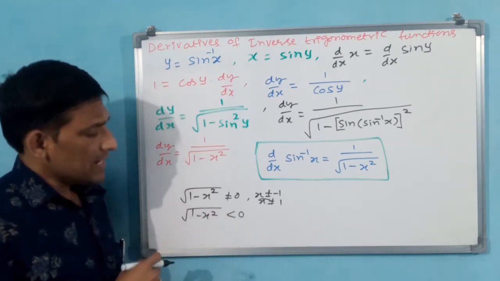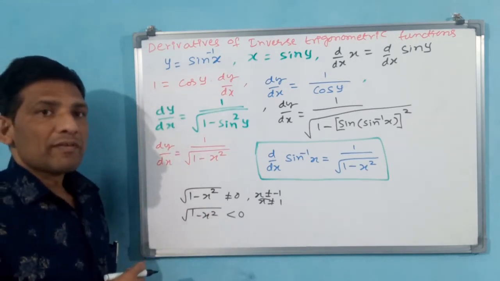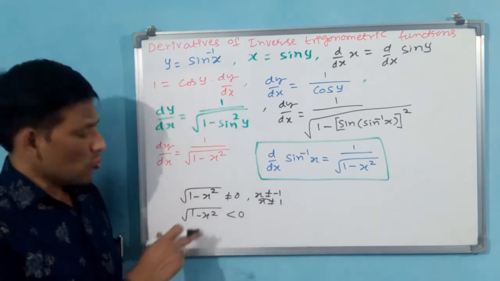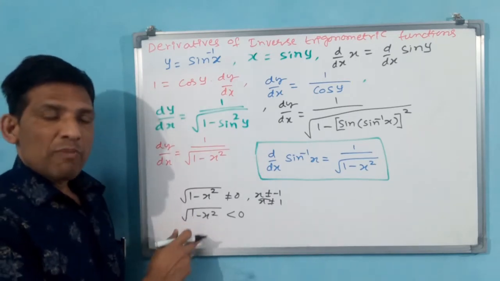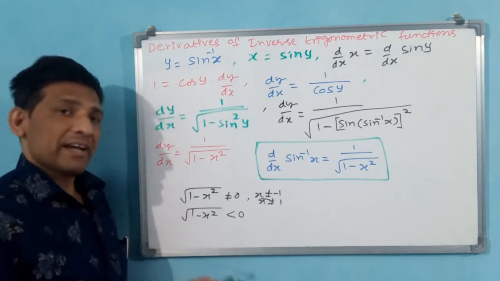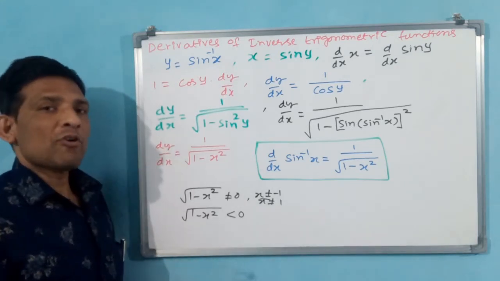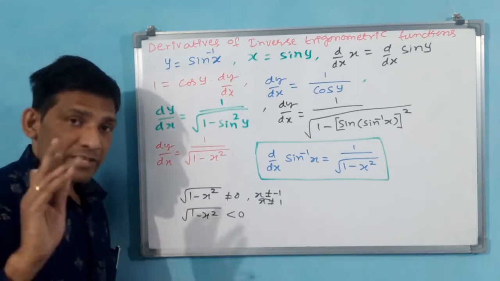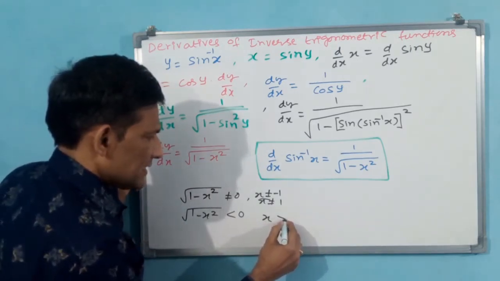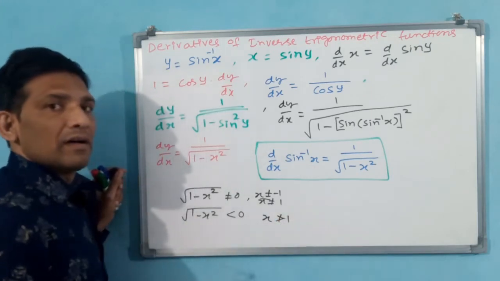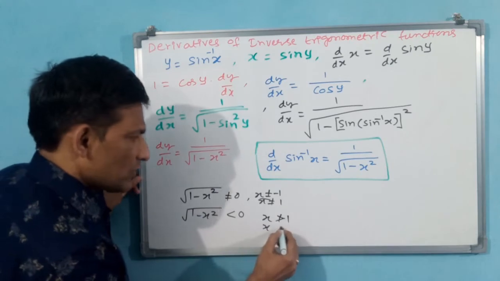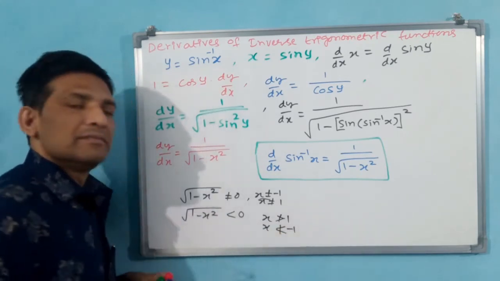If x is greater than 1, say x is 2, 2 square is 4, 1 minus 4 is minus 3. Square root of minus 3? No real number; again we are going for complex numbers. That is why x should not be greater than 1. On the minus side also, x should not be less than minus 1.